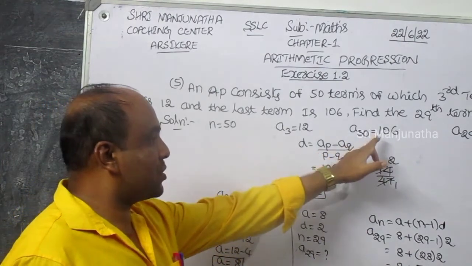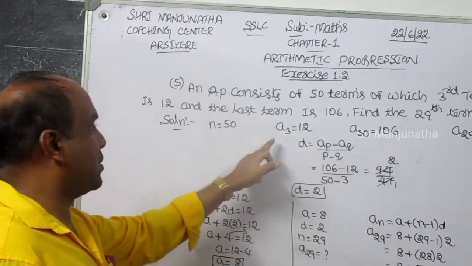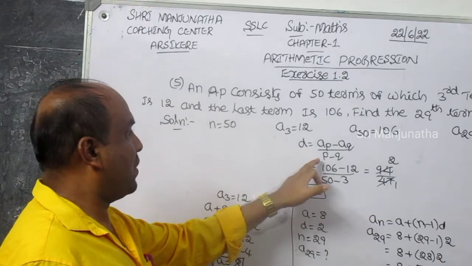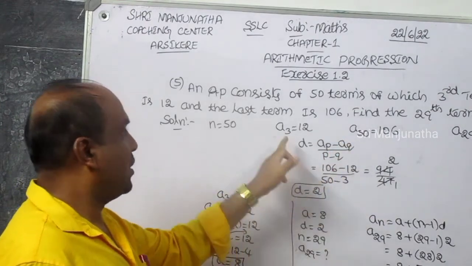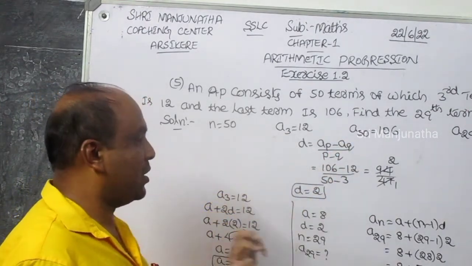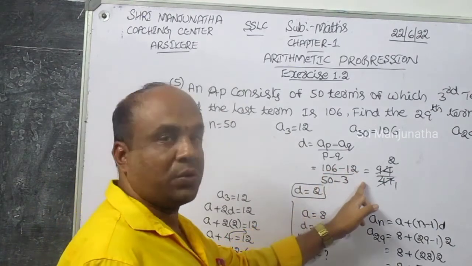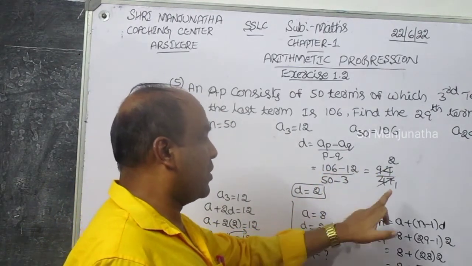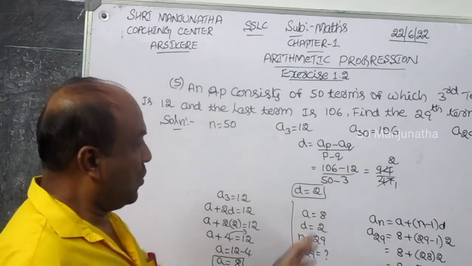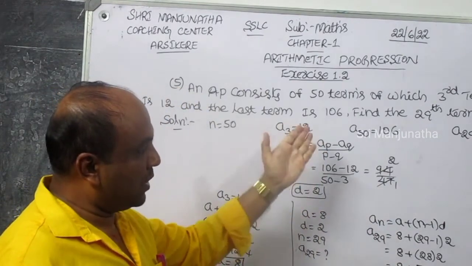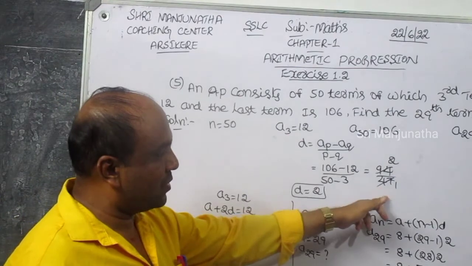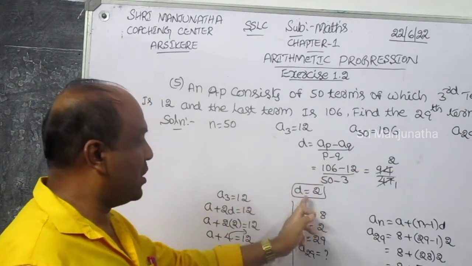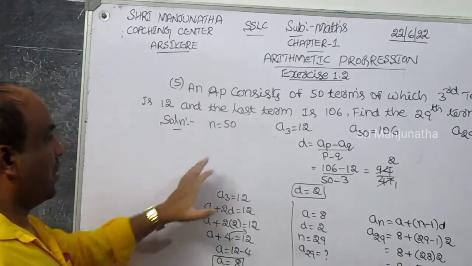AP is 106, AQ is 12, P value is 50 and Q value is 3. 106 minus 12 is 94, 50 minus 3 is 47. Divide numerator by denominator: 47 twos are 94. D is equal to 2.